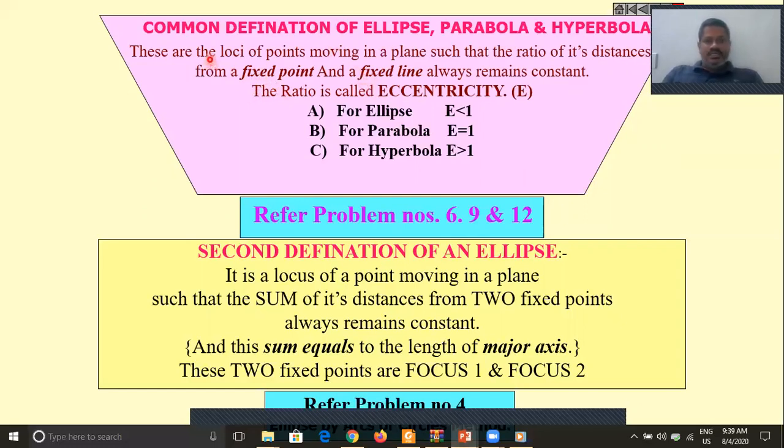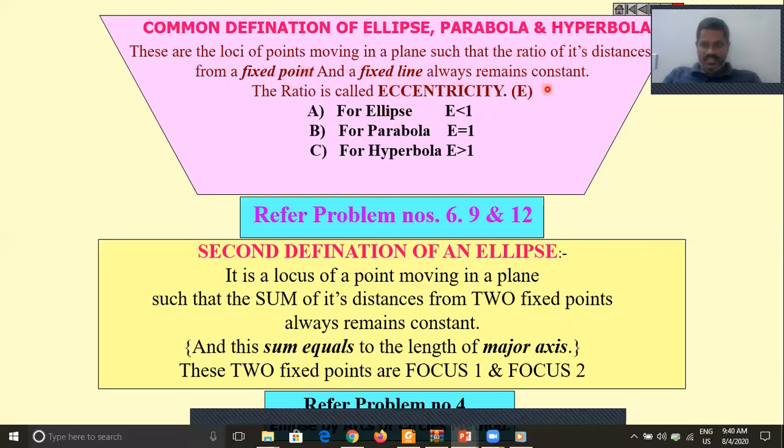Here the eccentricity is nothing but the ratio in the locus of points moving in a plane such that the ratio of its distances from a fixed point and a fixed line remains constant.